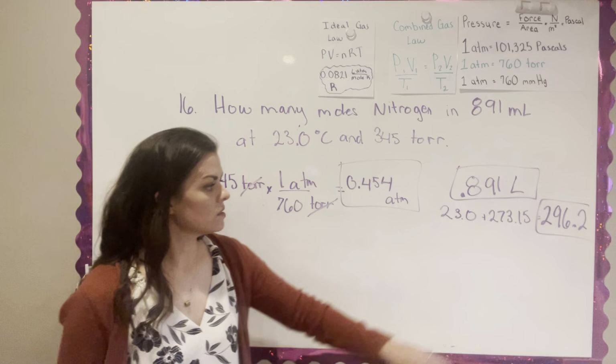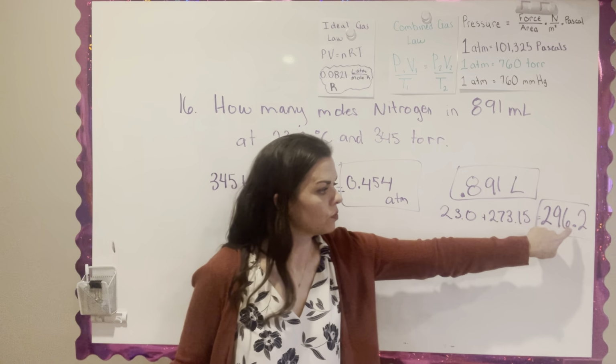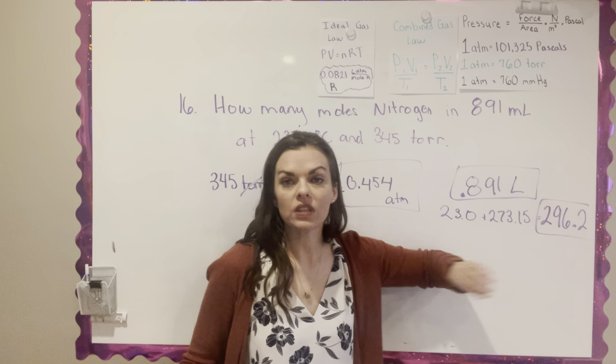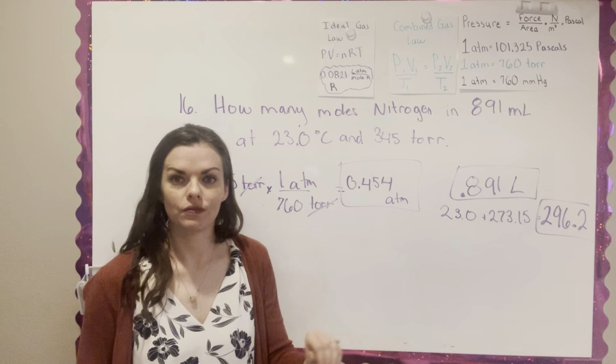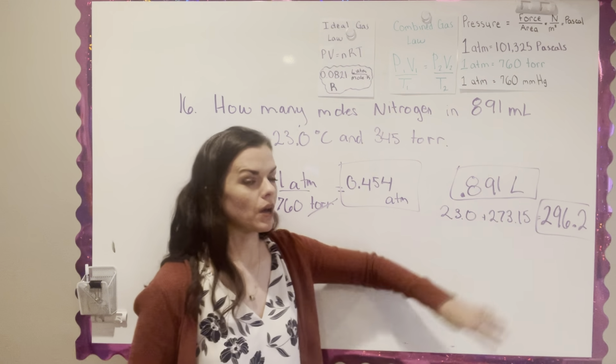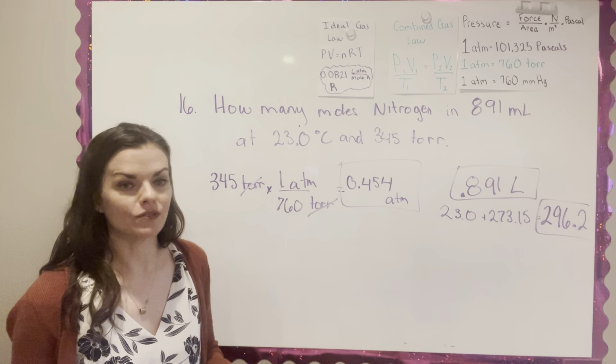I'm only going to be producing my answer to 1/10 of a decimal, and that's why it's rounded to 0.2, and we've talked about why in all the past problems.